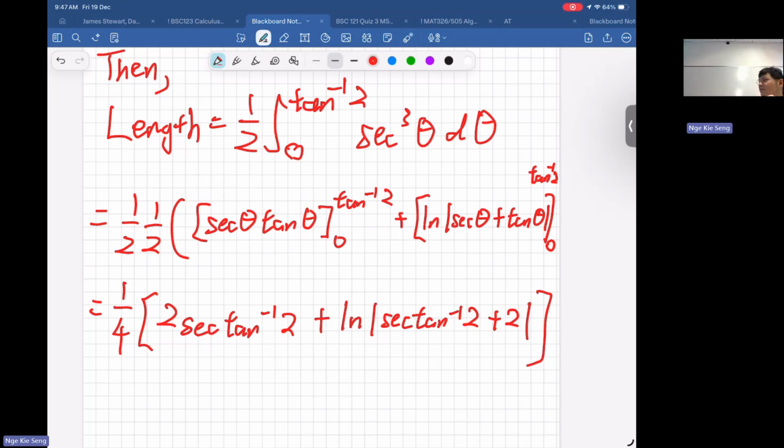So it means that this term is a square root 5. How to see it? We press the calculator. Tangent inverse 2.